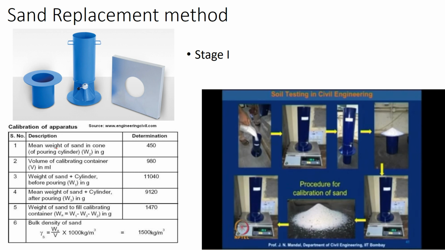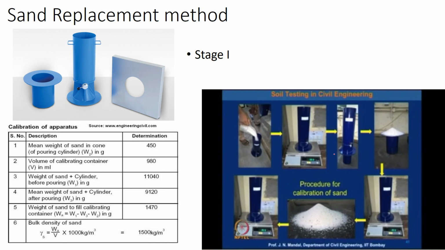So I have given a calculation. See, this is the weight of sand in the cone. You measure the weight of sand plus cylinder before pouring, that is, before opening the shutter, then the weight of sand plus cylinder after pouring.